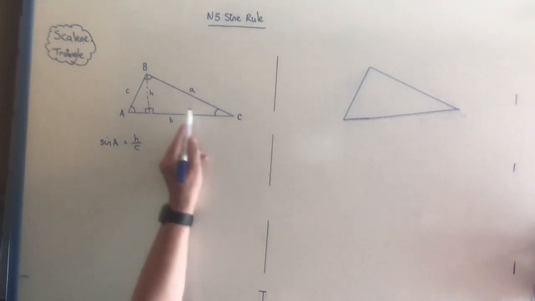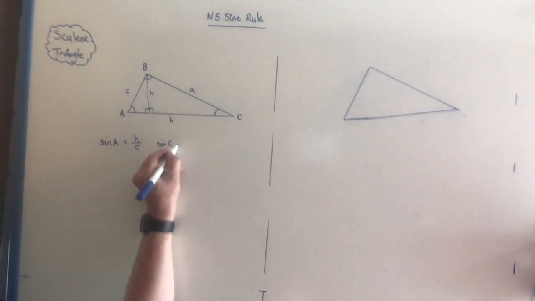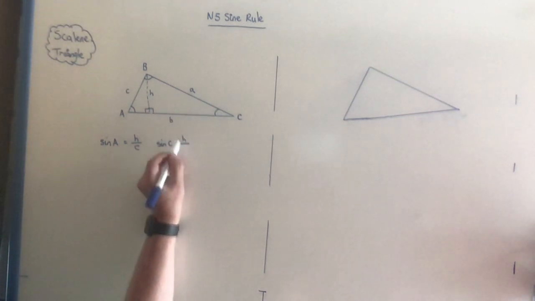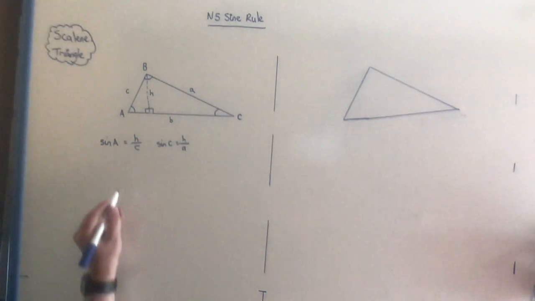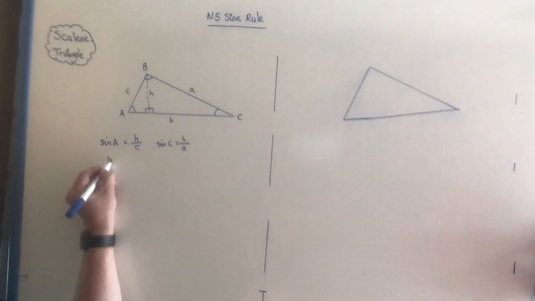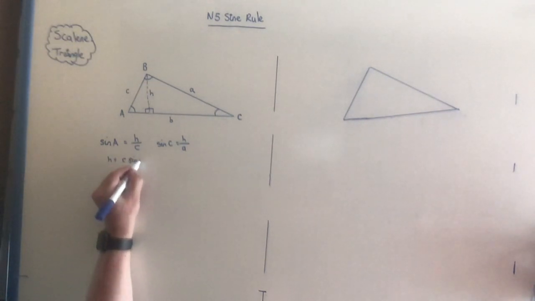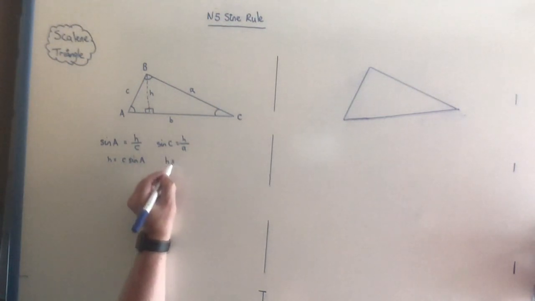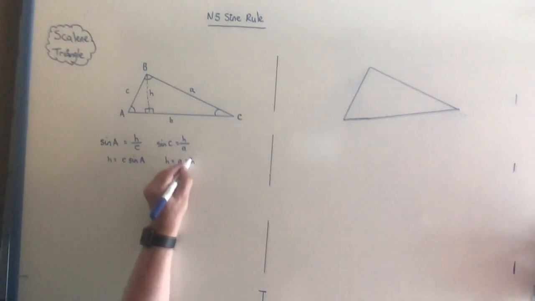So this triangle here, so sine C is equal to the opposite, which is H again, over hypotenuse, which is A. Now, if I rearrange this into H equals, I get C sine A, and I get H for this one is equal to A sine C.